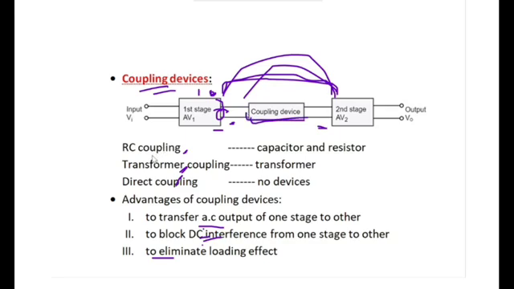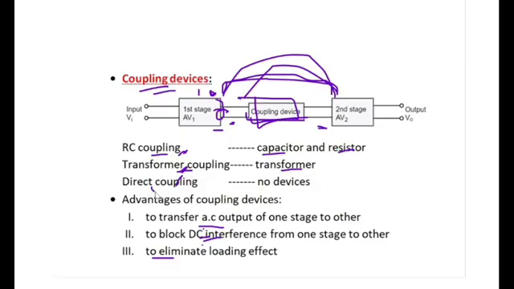In RC coupling, a capacitor and a resistor are used. These two are aligned in a manner to make the RC coupling circuit. In transformer coupling, only a single transformer is used as the coupling device, and with the help of this transformer the coupling is done.